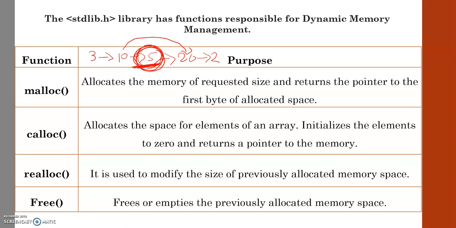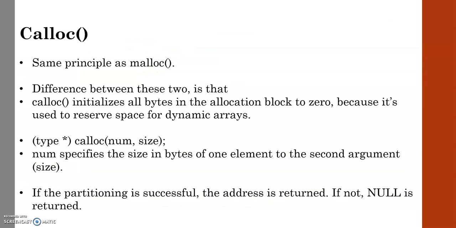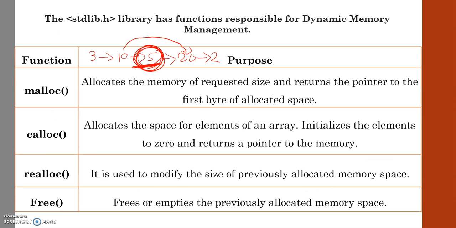We can delete the node actually, but the address is there, the reserved space is there. We need to free that space, right? And for that we have a free function. So through the free function we can completely free this memory space which is reserved by the value 5, this particular node, right?